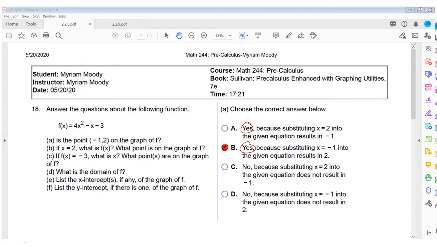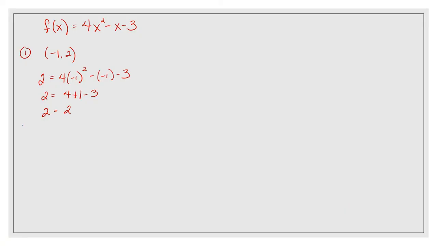Okay, now let's look at the next question. If x equals 2, what's f of x? So what are you going to do? Yep, you're going to plug it on in. So this is letter A, this is letter B. If x equals 2, so you're going to plug it in, aren't you? All right, well, you do the work.